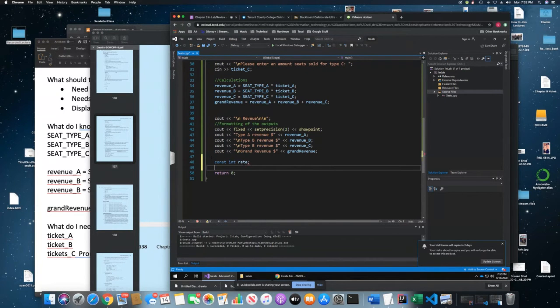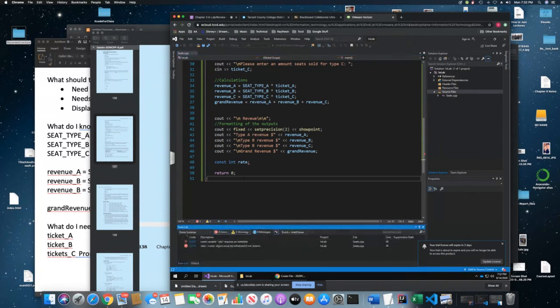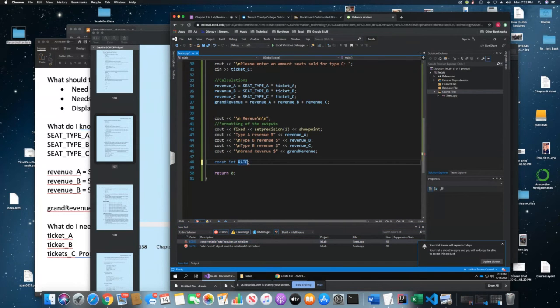That's what you guys have. It's all lowercase, but it's giving me a syntax error. It says constant variable rate requires an initializer. It's not necessarily that it's capital, even though it should be, but you must give it a value.